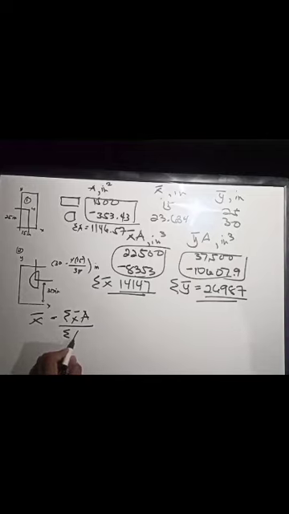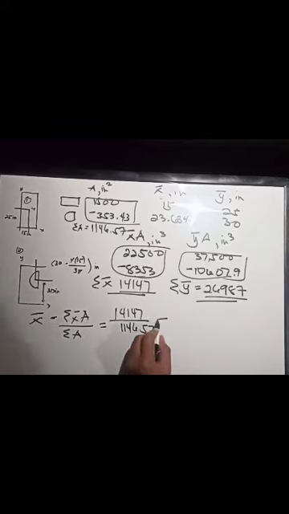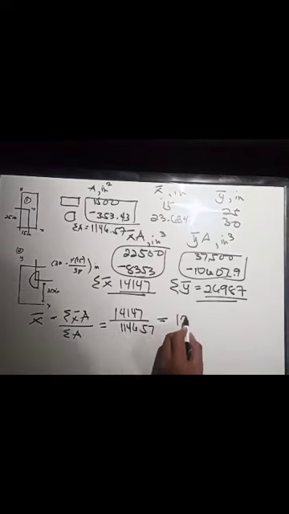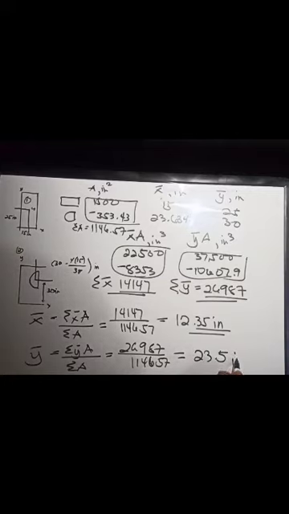is equal to 14,147 over 1,146.57 is equal to 12.34 inches for x bar, and for y bar, summation of y bar a over summation of a is equal to 26,987 over 1,146.57 is equal to 23.5 inches.